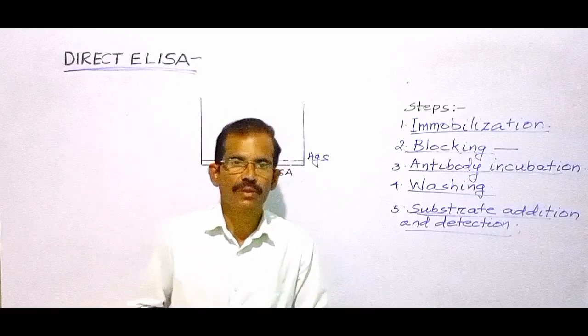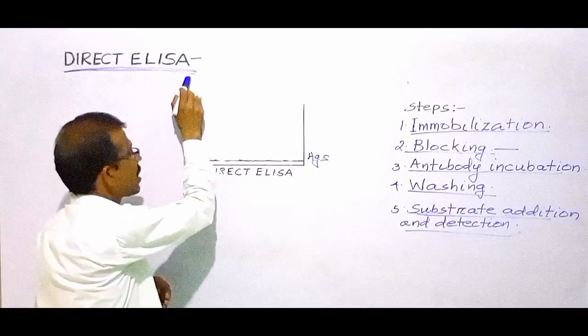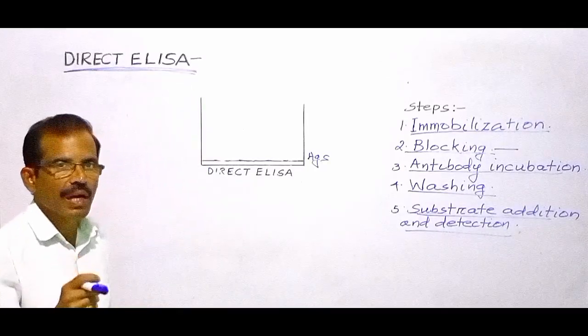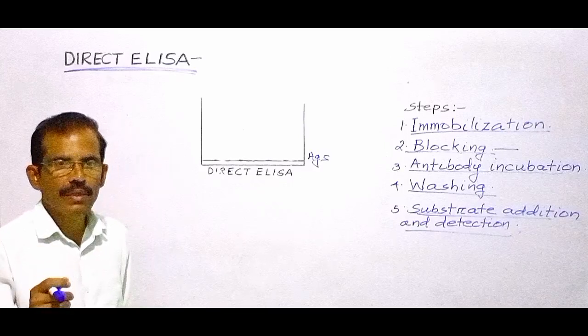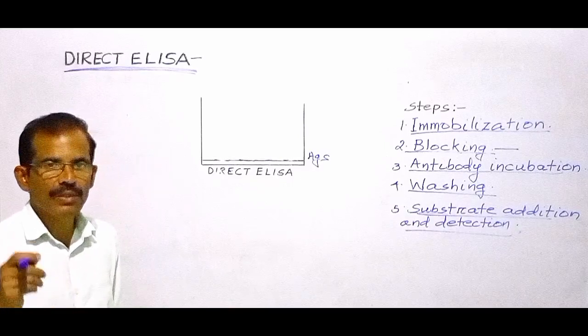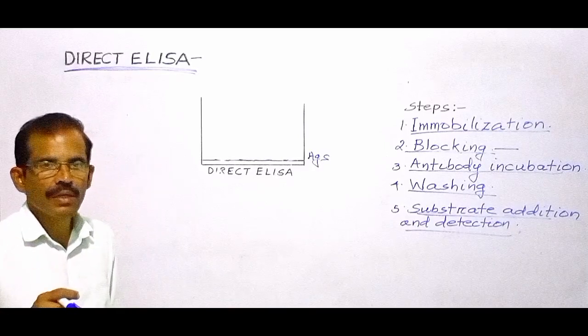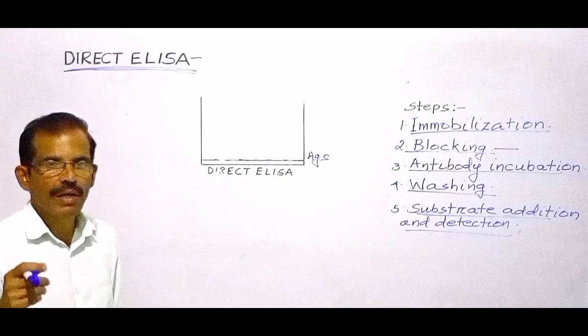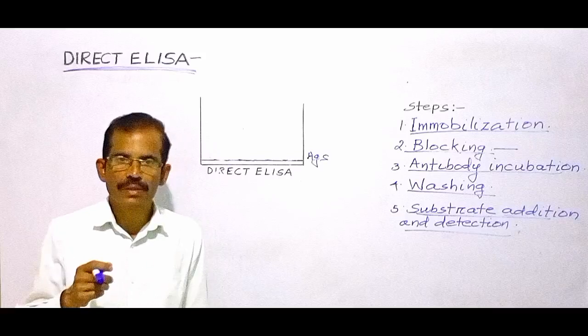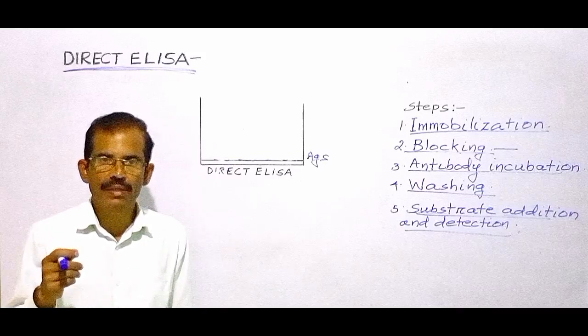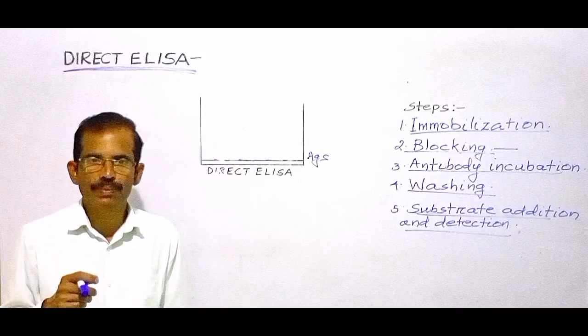Direct ELISA is a type of enzyme-linked immunosorbent assay. This technique is used to detect as well as measure antigen by using enzyme-linked antibody. Direct ELISA is simpler and faster as it has fewer steps.